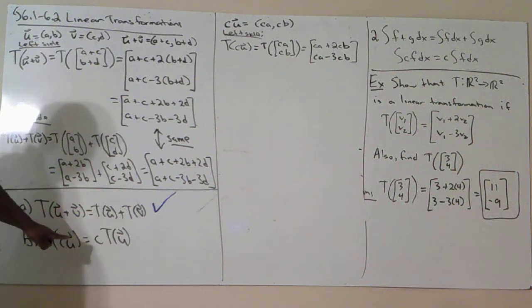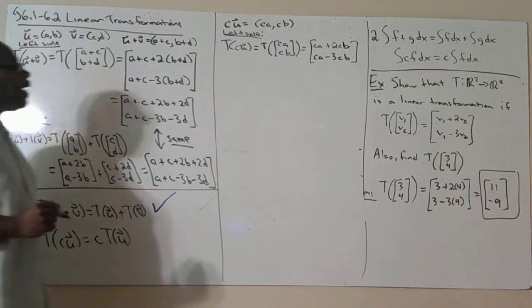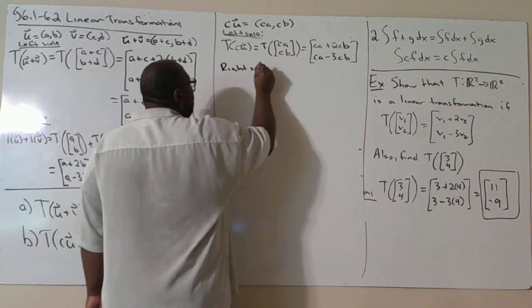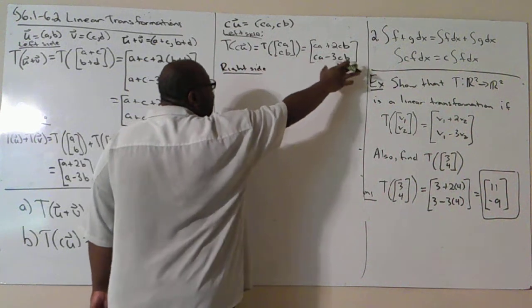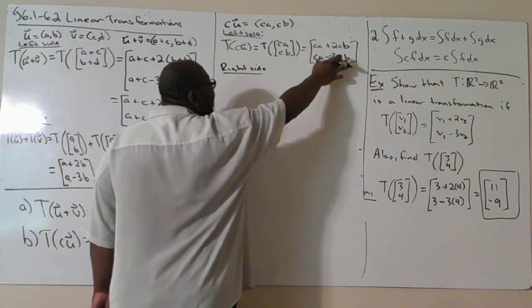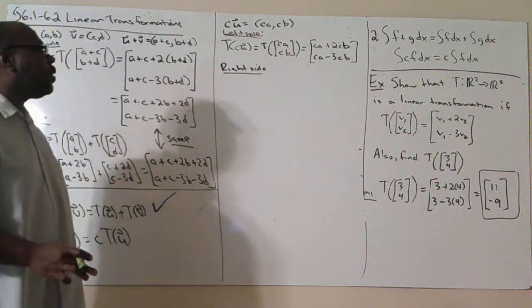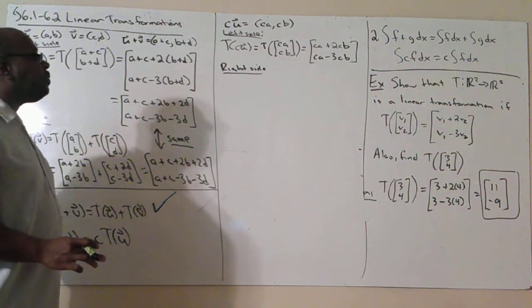So that's the left side. What about the right side? Remember, we're trying to show that the left side equals the right side, or you can continue working with this one to manipulate it into the right side. Either way is perfectly fine. I just like to do it this way because it's a little easier to understand what's going on.